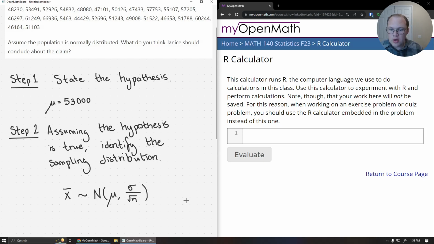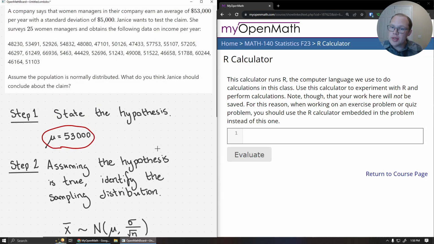In this case, the mean of the population we assume is 53,000. Remember, we're testing this, but to construct our sampling distribution, this is what we assume to construct it.